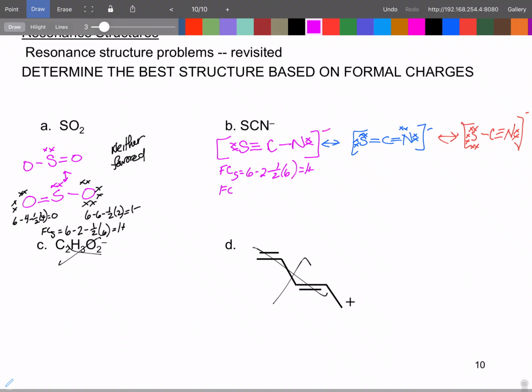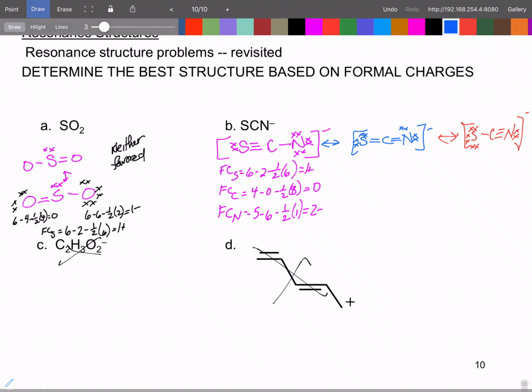Formal charge of carbon is going to be 4 minus 0 minus 1/2 of 8, which is 0. Formal charge of nitrogen is going to be 5 minus, oops, I just realized I didn't do that one right, 5 minus 6 minus 1/2 of 2, which is 2 minus.